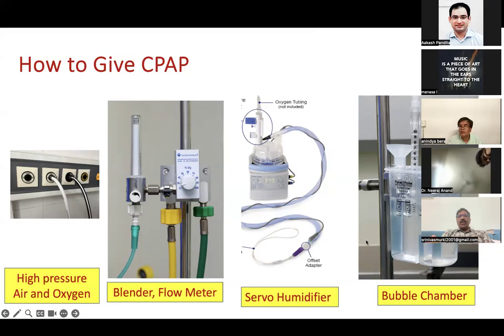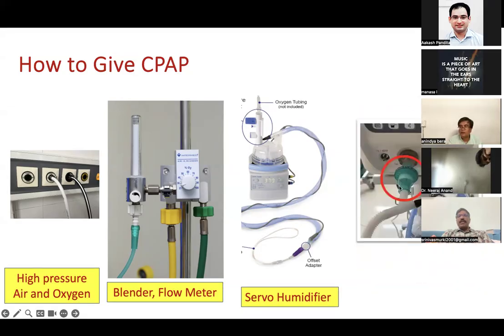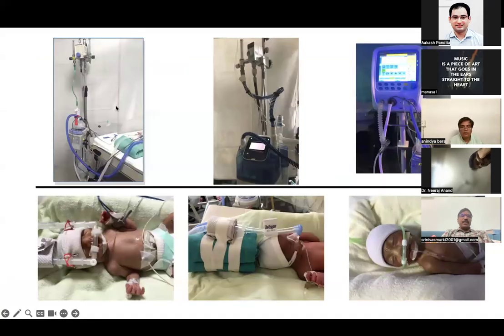So if you are using a ventilator CPAP, then the expiratory valve is the pressure generator. In bubble CPAP, the bubble chamber is the pressure generator, and in the ventilator, it is the expiratory valve. So you can give CPAP with something like a Fisher and Paykel or Zeal or ventilator CPAP, and you can use any one of these 3 interfaces.